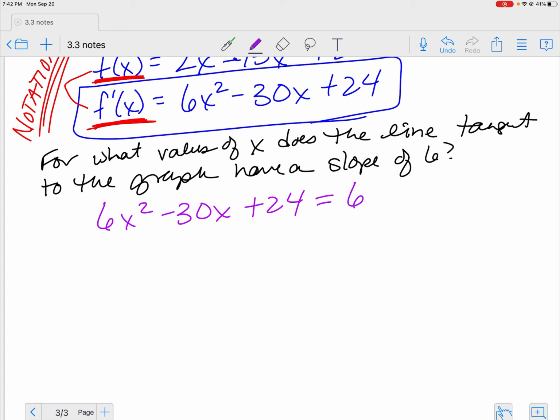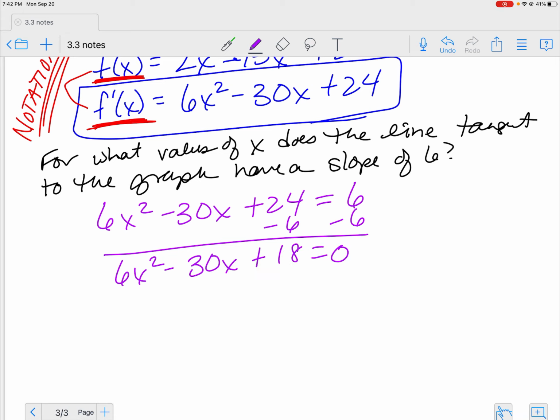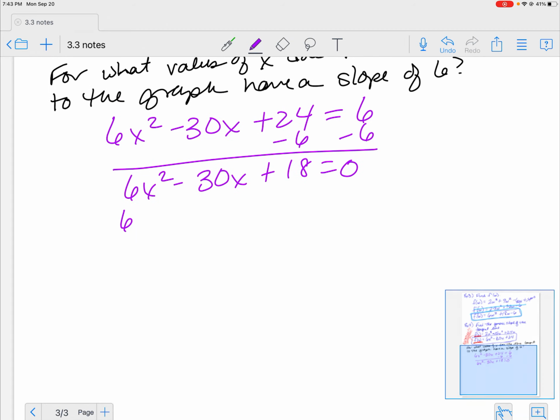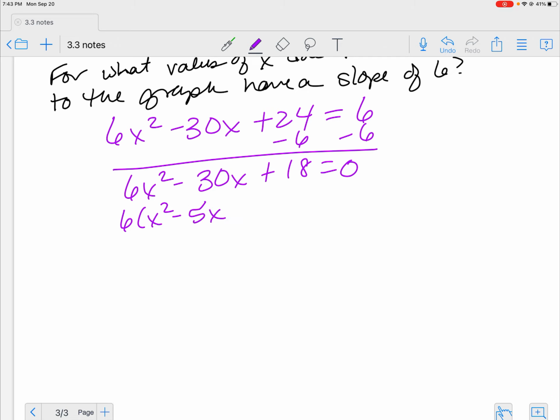You see that? All right, so now it's just a quadratic, so we're kicking our algebra skills up a notch here. Minus 6 from both sides. 6x squared minus 30x plus, what is that, 18? All right. Now there's a 6 in common. So factor out 6: x squared minus 5x plus 3.